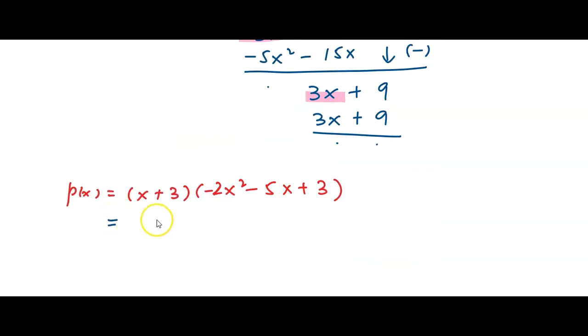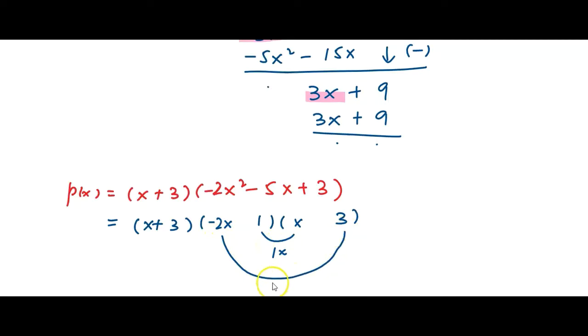Then, because the question asks us to factorize completely, we need to factorize this quadratic factor. You have negative 2x multiplied by x, and this has to be 3, and here it should be 1. This 1 multiplied by x gives 1x, and negative 2x multiplied by 3 gives negative 6x.